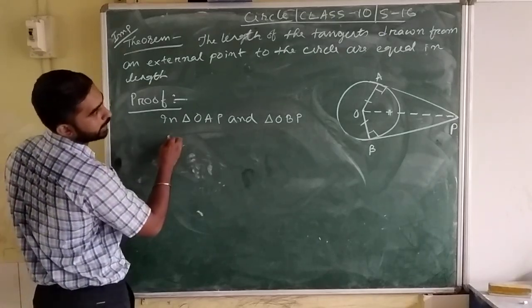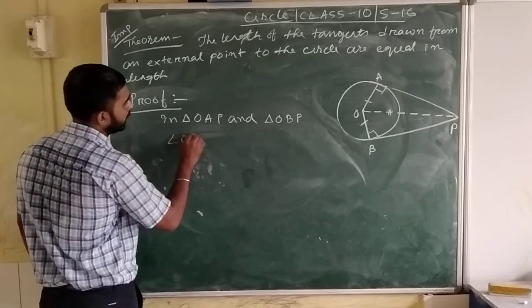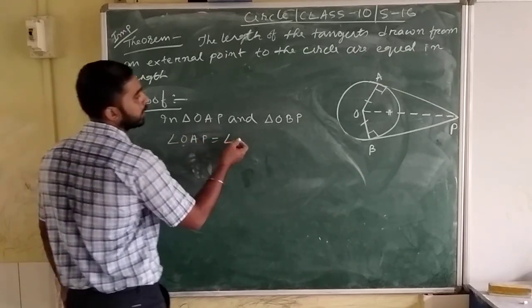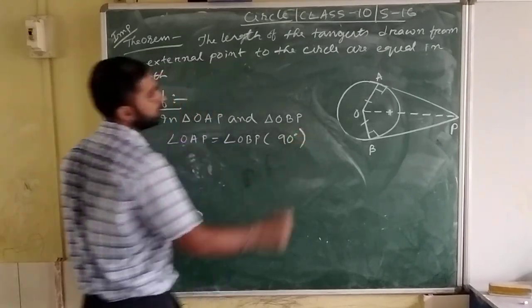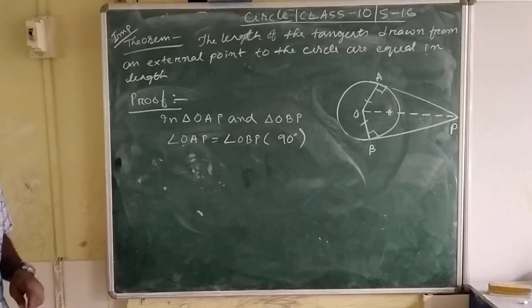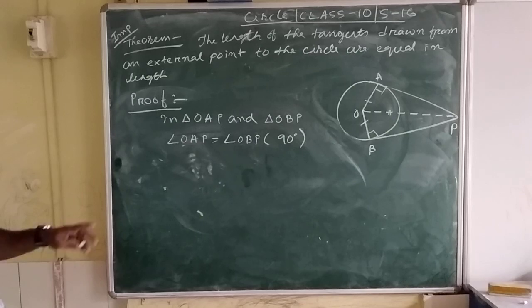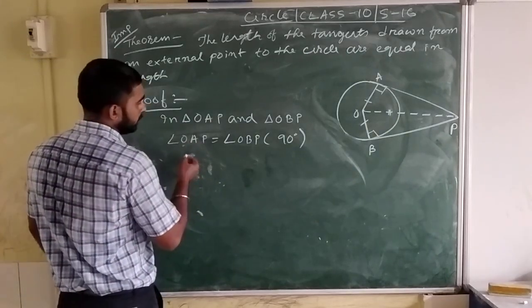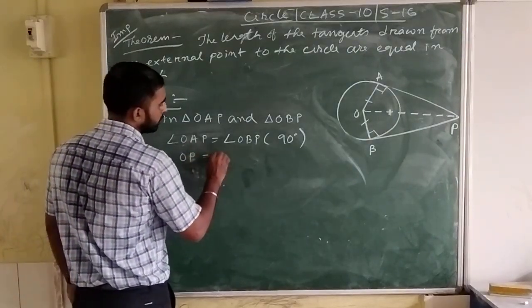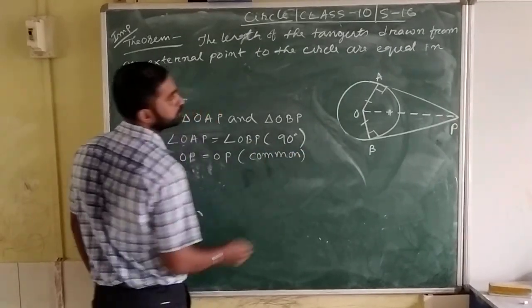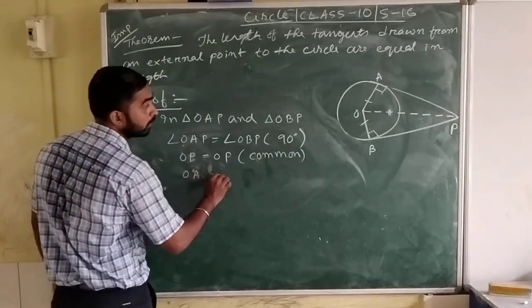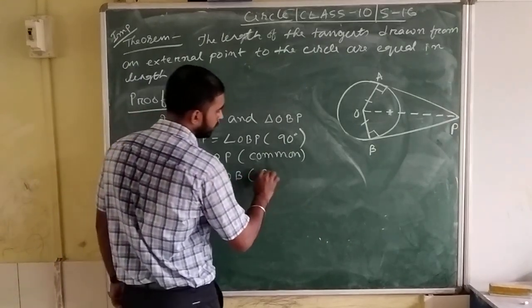So, first of all, angle OAP equals angle OBP, both are 90 degrees. Then OP equals OP, common. Then OA equals OB, radius of the same circle.